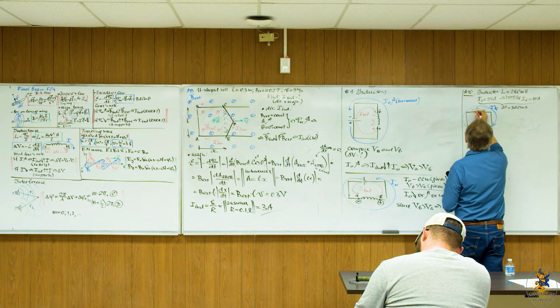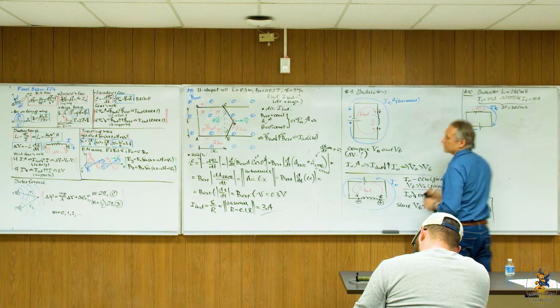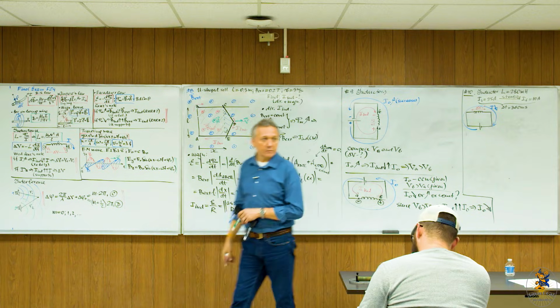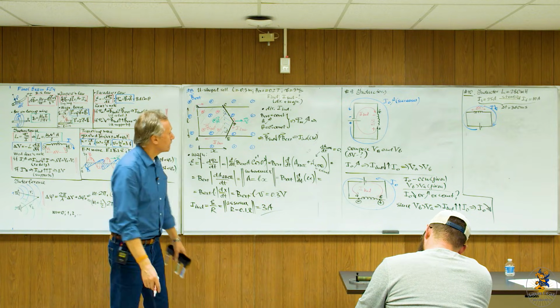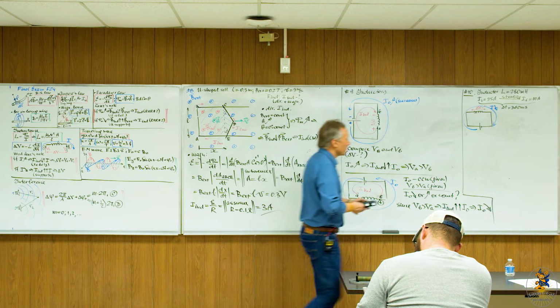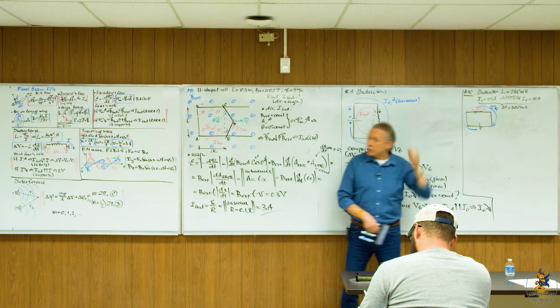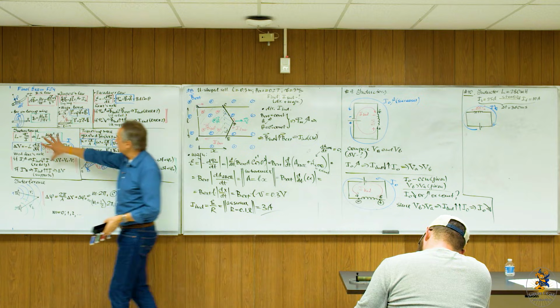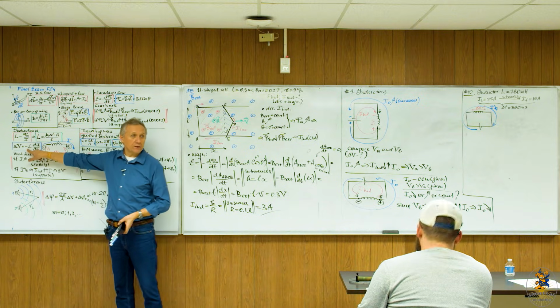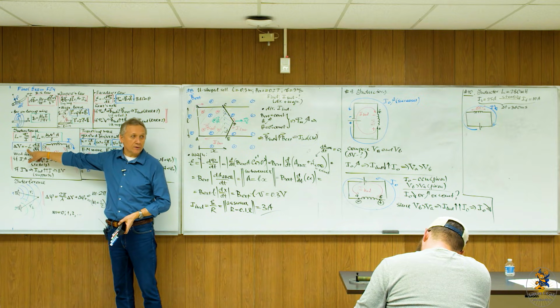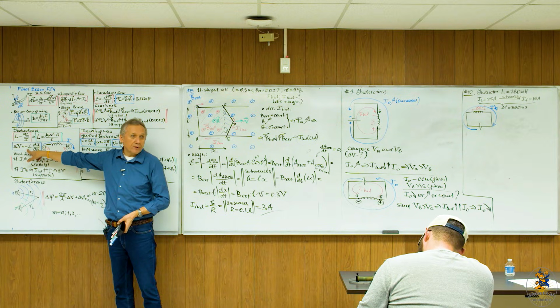Numerically, we need to find delta V. The numbers are given, so the question is not conceptual. Essentially, we just need to grab the formula for delta V, the potential difference across the inductor, and plug in numbers. Problems of this type are quite trivial, just a couple of minutes.